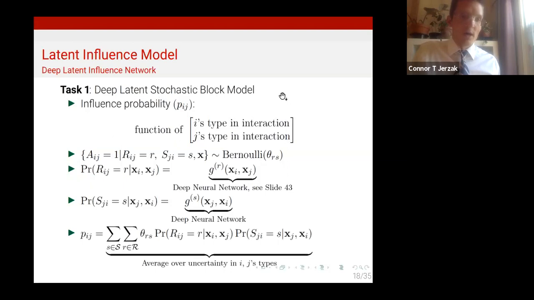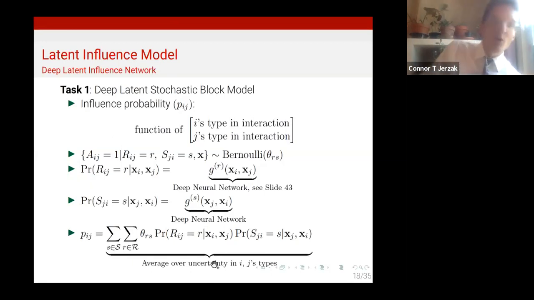Moving forward, the overall connection probability will just average over the uncertainty in the receiver and the sender types. This is the model that we'll use for inferring those influence probabilities, and that model will be flexible in the ways described here. So this is how we've attempted to address task 1.